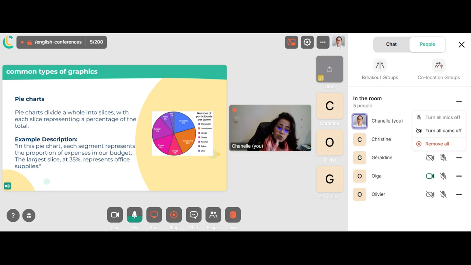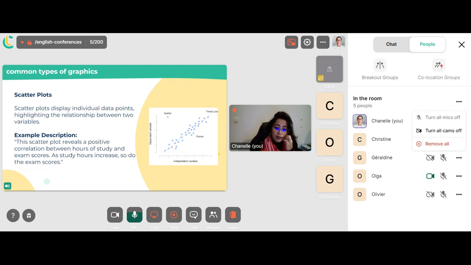And if we were to use it in this regard, we would say in this pie chart, each segment represents the number of participants per game. So the percentage of participants per game. As you can see, a segment refers to the piece of the pie. And we can see that Monopoly has the most participants per game.